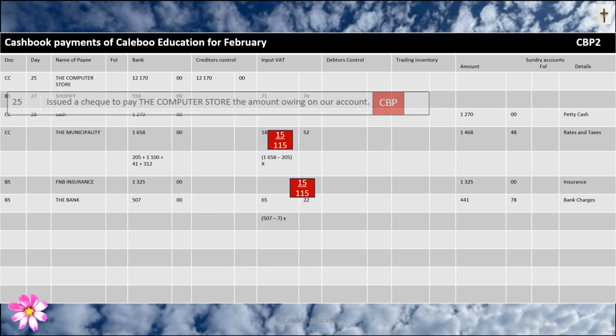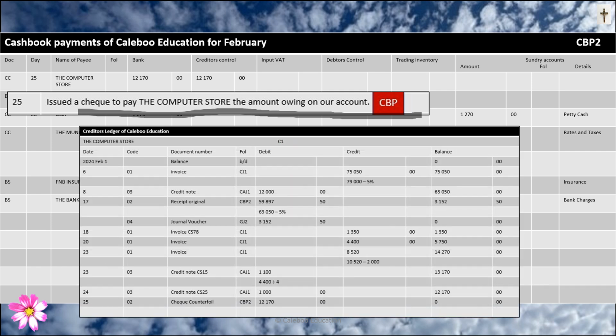On the 25th, they say this transaction took place, issued a check to pay the computer store the amount owing on our account with them. Now once again, like we did previously, when we paid the computer store, we need to go and check what the amount is. And the easiest way is to check the account of the computer store.